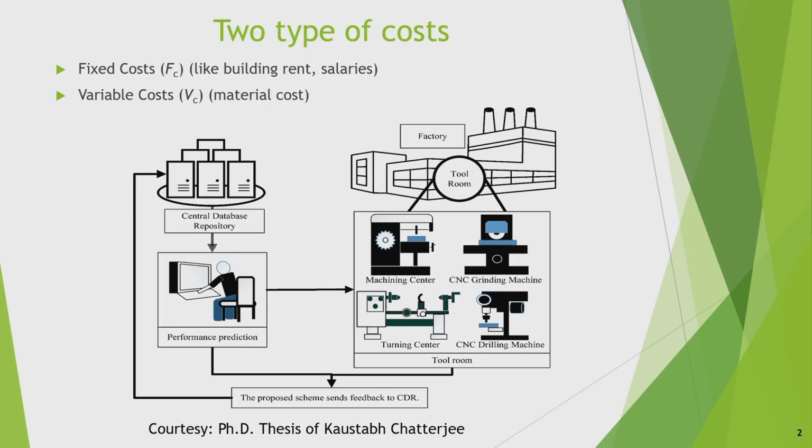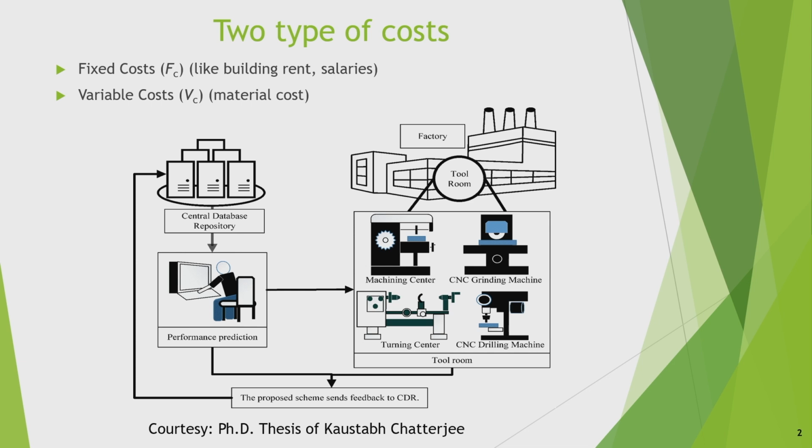In industry, when you make a product, you encounter two types of costs. We get a fixed cost like building rent and salaries, for manager and workers, their monthly salary. And variable costs will be, say, material cost. That means if you produce more units, then you will have to pay more cost.